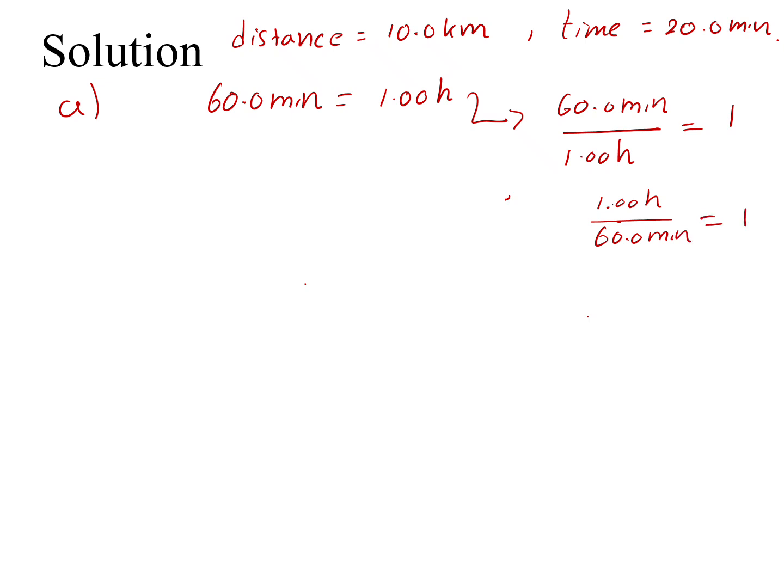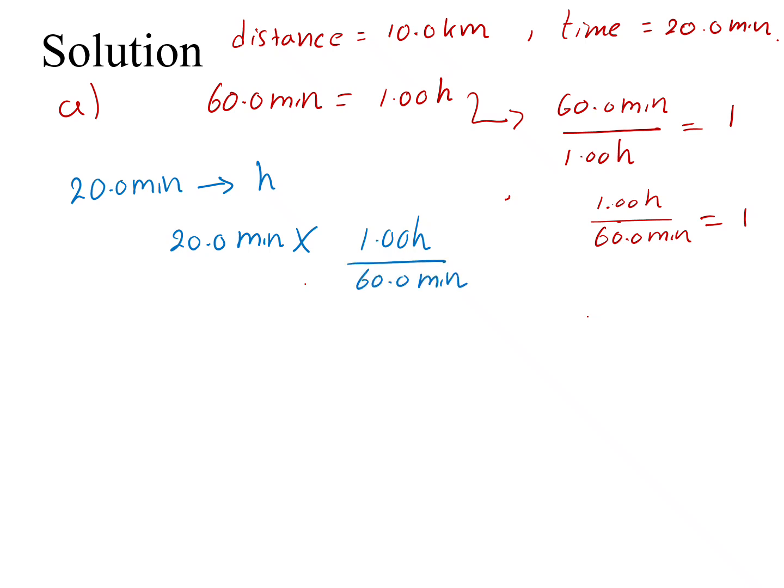So depending on our conversion, we pick the fraction we want. In this case we want to convert 20 minutes into hours. So we have to multiply 20 minutes by 1 hour divided by 60 minutes.